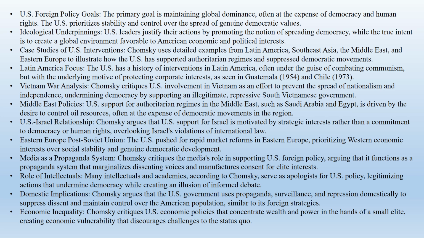A significant portion of Deterring Democracy is devoted to analyzing the role of the media and intellectuals in supporting U.S. foreign policy. Chomsky argues that the media in democratic societies functions as a propaganda system, promoting the interests of the elite while marginalizing dissenting voices.